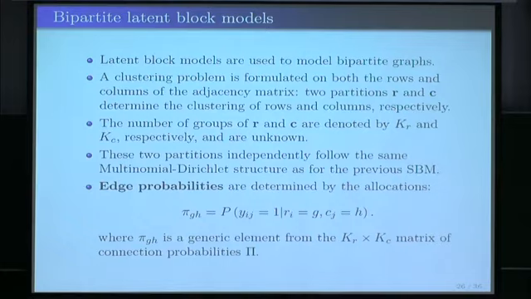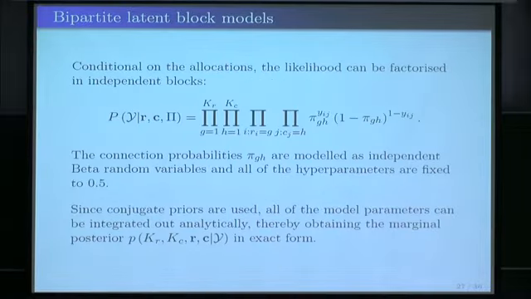Just to say that for this type of model, you don't necessarily need to restrict it to binary data. It can apply to other types of data, so Gaussian data, Poisson data, etc., depending on the context of the problem. Here the likelihood given a partition R and C and the connection probabilities pi has again a similar kind of form to the SBM model.